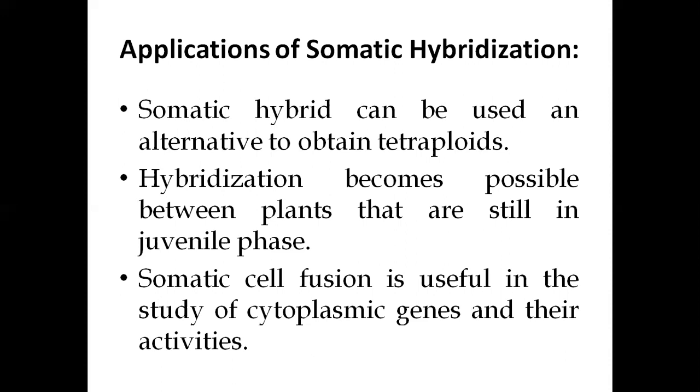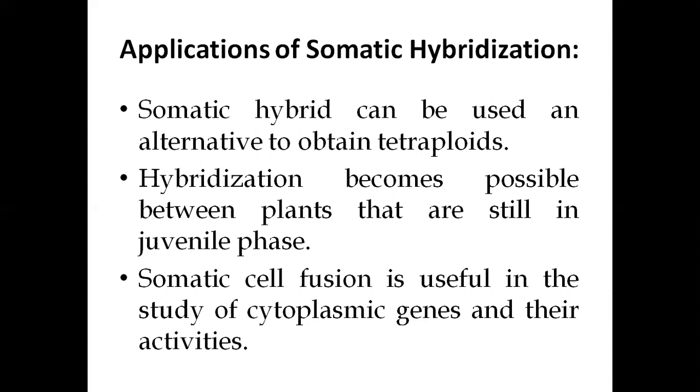In addition to the applications or the advantages, this somatic hybridization also has the disadvantages. The techniques for protoplast isolation, culture, and fusion are not available for many important crop species like cereals and pulses.